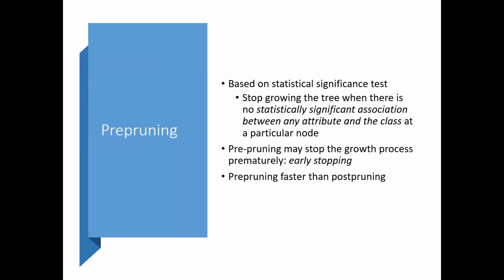Pre-pruning, again, the idea is based on statistically significant values, and the problem with pre-pruning is that it might stop very early, which we call early stopping. But there's an advantage compared to post-pruning: it will be much faster.